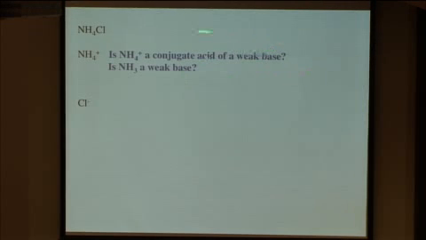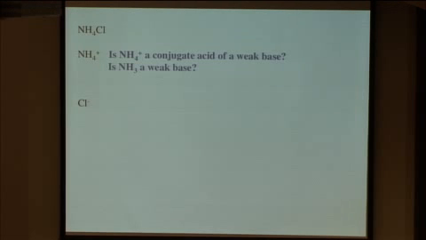And what is its conjugate base? Well, its conjugate base is NH3. If you lose a hydrogen ion or proton from NH4+, you get NH3. And so you're really asking, if that's a weak base, then its conjugate is also going to be weak. So you need to know about these guys to see what would happen if you have NH4+ in solution.